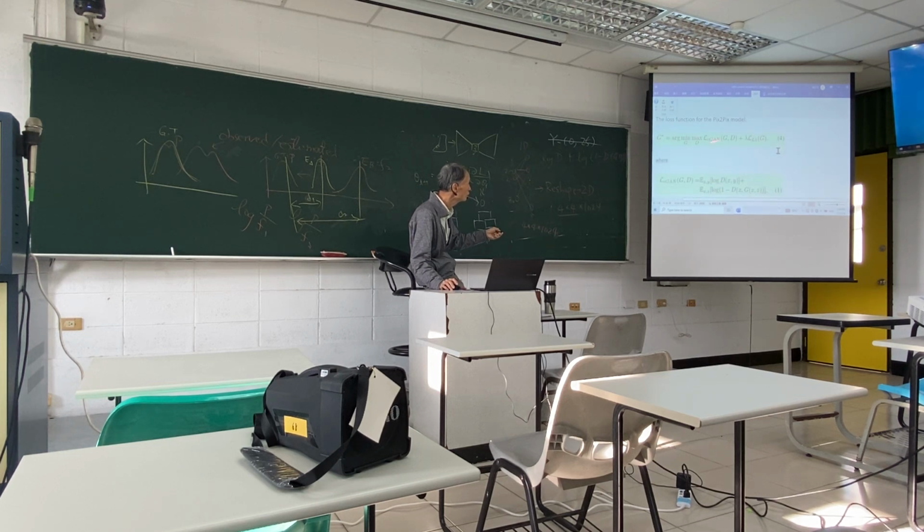So besides the regular GAN loss function, it adds something to try to minimize the mean square error for the generated image and the ground truth image. Okay, so that's it.